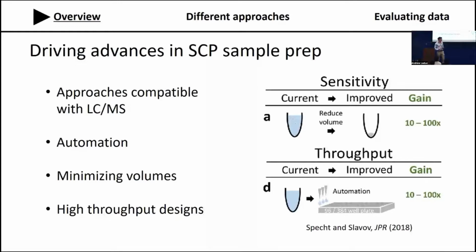So using things that are compatible with mass spec obviates the cleanup of thousands of potential samples that we'd like to analyze and can help increase the throughput of the sample prep. And similarly, automation has been used along with minimizing volumes to improve throughput, remove user error from the sample prep process, and reduce the amount of contaminant reagents that we might have in our samples. And last, the creative designs from the field that have allowed for this throughput to be scaled up through various different means.